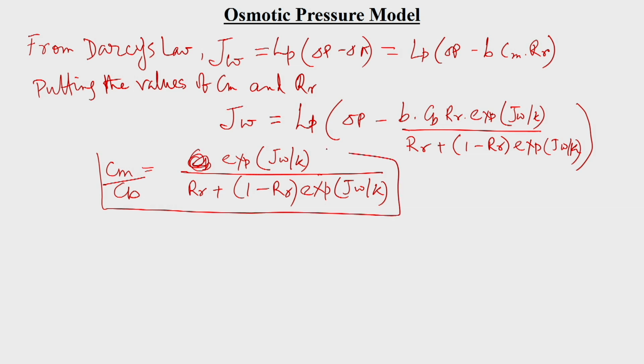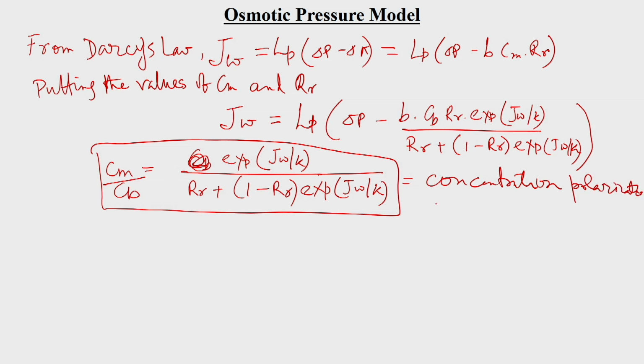This Cm by Cb ratio is called the concentration polarization modulus. So, Cm by Cb can give one measure of the osmotically controlled system.